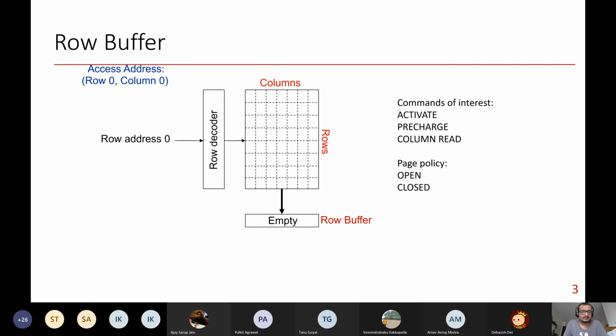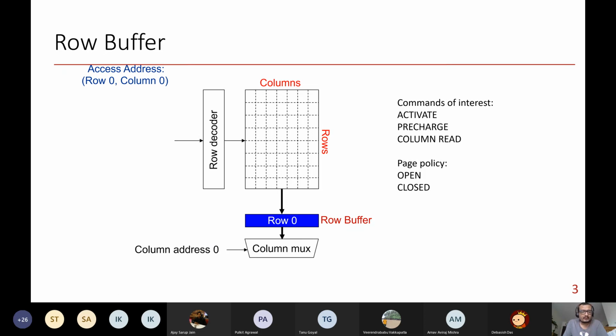What you need to do is grab the row from the bank into the row buffer. This entire process is known as activate. We're activating a particular row from a collection of rows, and you are putting it into the row buffer. And then after that, since a row is a collection of columns, you need to extract a particular column, and that's how you respond back to the upper level.